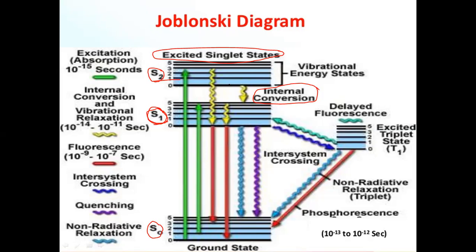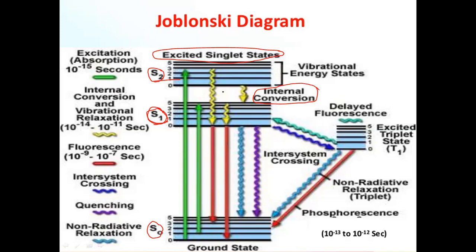So here we can say that the electron came from the higher energy to the lower excited energy level, so it must have lost energy, right? But there is no loss of any light energy; no light energy comes out during this internal conversion. Okay, so that's why it is known as a non-radiative transition or non-radiative process.